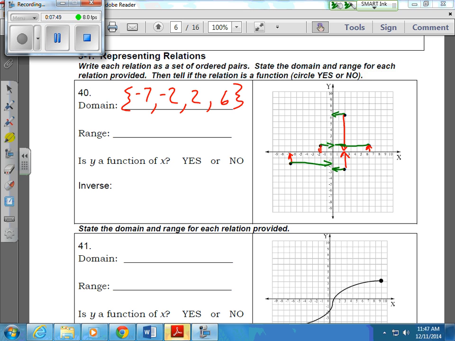Okay, so the lowest one is -3, and we have a -2, a +1, and a 6. Now, is this going to be a function? Because I have repetition right here with these 2 points, I have 2, 7, and 2, -3. That's going to cause it to not be a function.